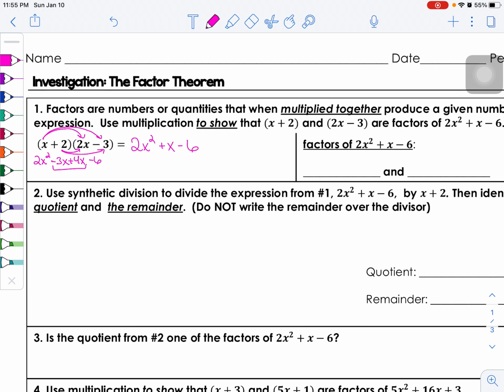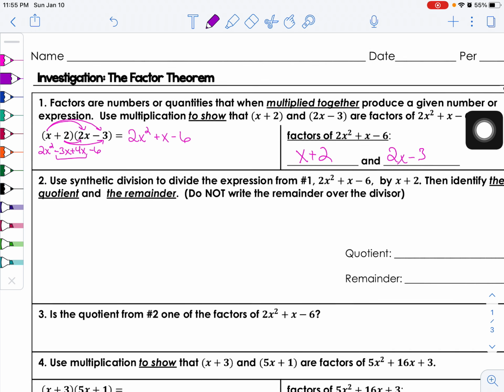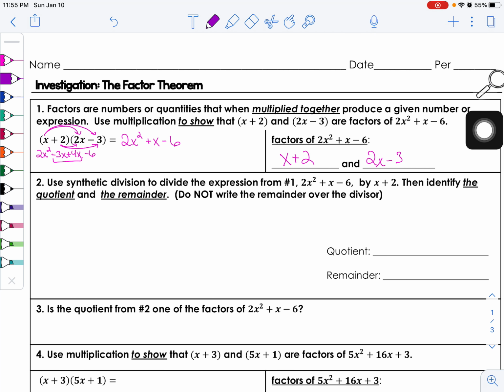So that means the two factors for this particular polynomial are x plus 2 and 2x minus 3. Okay, those are the two factors. These two quantities multiply together to get us this polynomial.